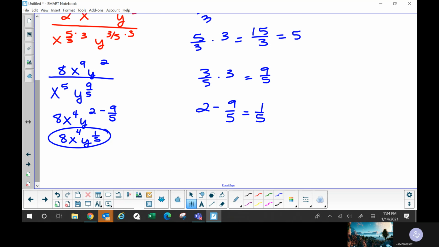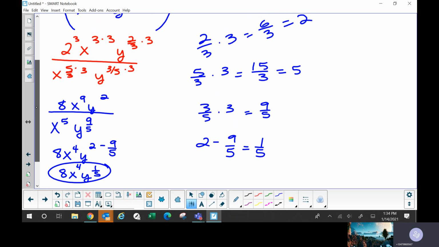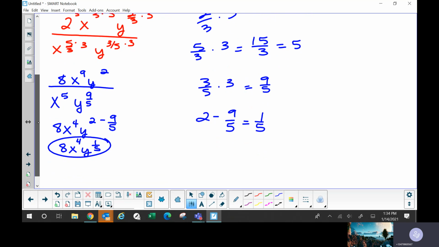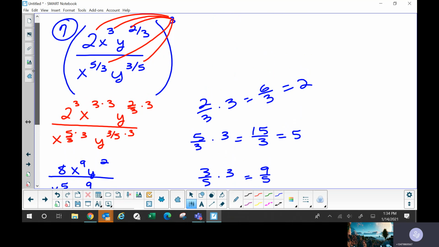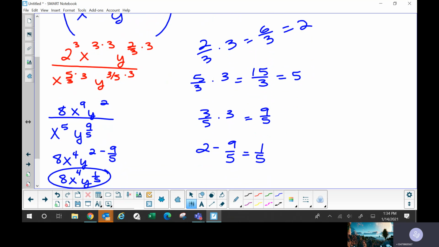Questions? Wait, what did you do for the y again? For the y, okay, so after you distribute that exponent of 3, it's 3 times 5/3, 3 times 3/5 on the bottom.